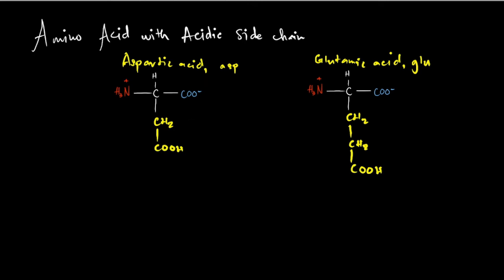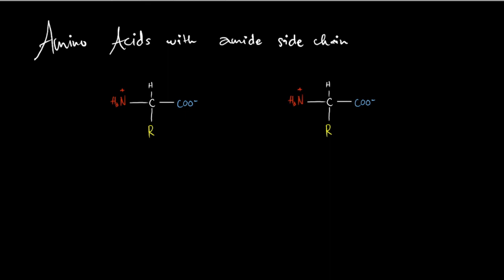Okay? And for the last class of our amino acids based on side chains, we have here amino acids with amide side chains. For amide side chains, you'll remember, those are the amides from last time, those are our amines with a carbon connected to our acyl group, the carbon that is double bonded to our oxygen.